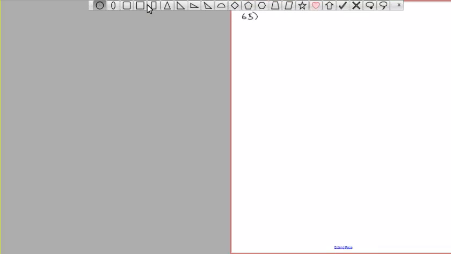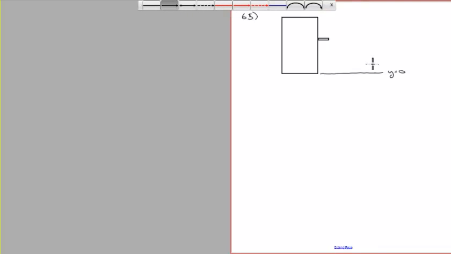So let's draw a picture. So let's make a building. And so here's the balcony. So what's going to happen is let's define the ground at y equals 0. Define positive y going up.